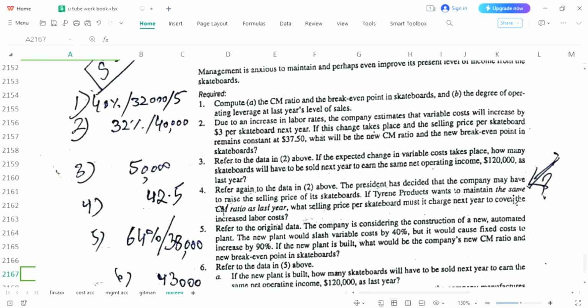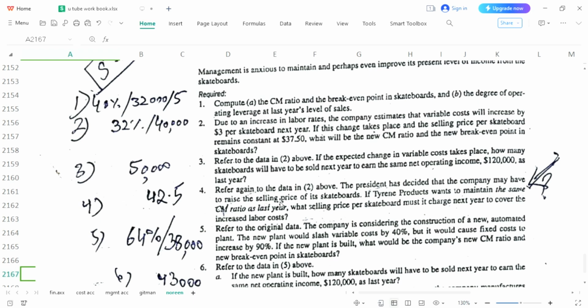The company wants to maintain the same CM ratio. What selling price must it charge next year to cover the increased labor cost? Okay, now in second part we have changed. Due to change, our CM ratio had decreased from 40% to 32%.